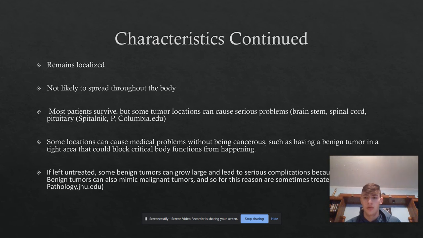These locations include your brainstem, your spinal cord, your pituitary, etc. These locations can cause medical problems without being cancerous, just by being in tight areas. If the tumor grows and the mass is large, it can block critical body functions from happening. If left untreated, some benign tumors can grow large and lead to serious complications. And benign tumors can also mimic malignant tumors. And so for this reason, they are sometimes treated as you would treat a malignant tumor or cancer.